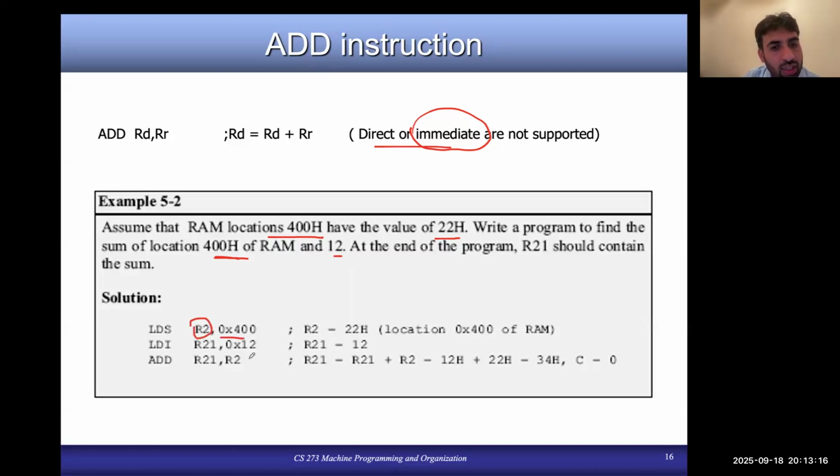Then, by using load immediate, you load the immediate number 0x12 into R21 register, and then you add these two registers together, R2 and R21. So you cannot use an immediate number directly in the add instruction, or read one operand from the memory in the add instruction. That is what I wanted to focus on in this slide.